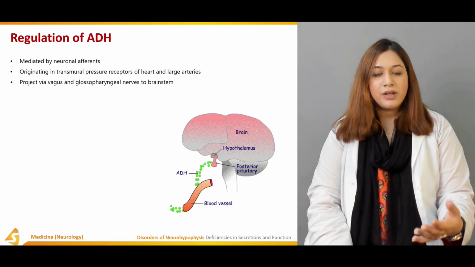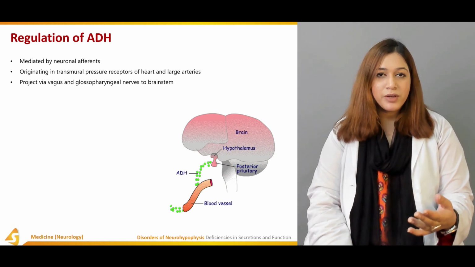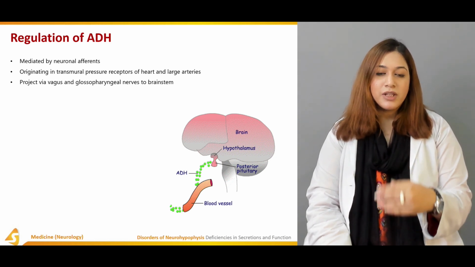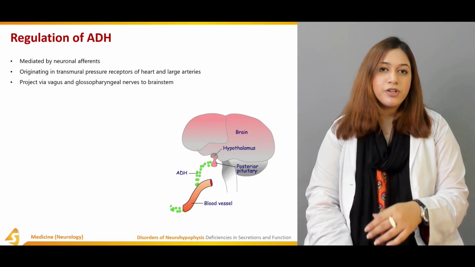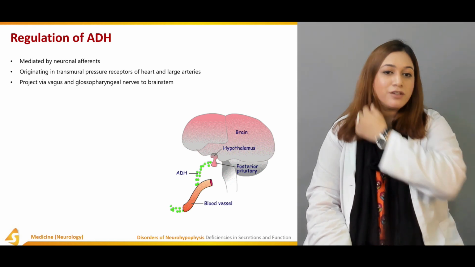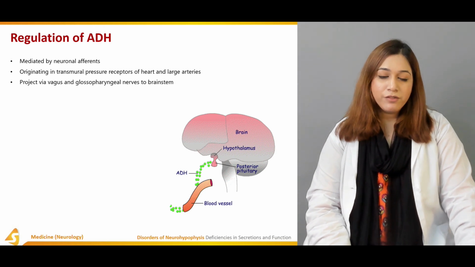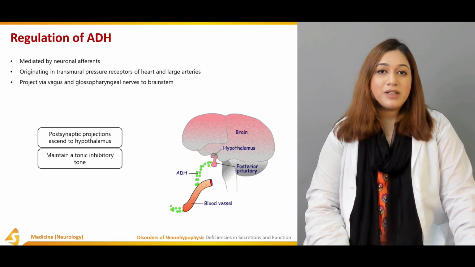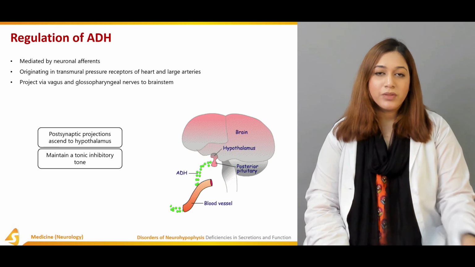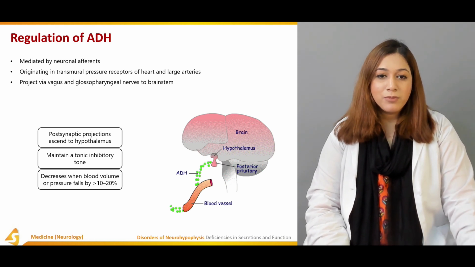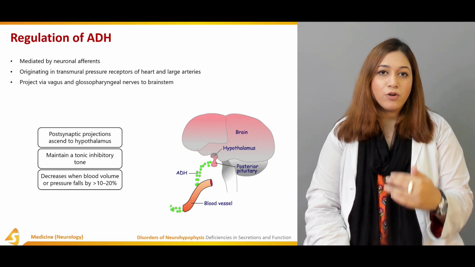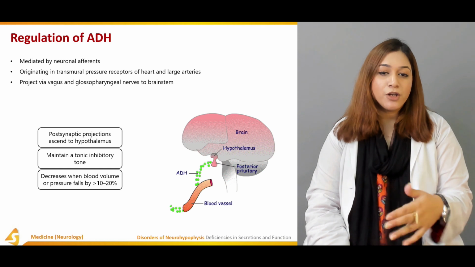They are also found in the carotid bodies, and through these carotid bodies, they project via the vagus and glossopharyngeal nerves to the brainstem. These nerves are also called the Hering nerves. These postsynaptic projections ascend to the hypothalamus. They maintain a tonic inhibitory tone, and this tone is decreased when the blood volume or pressure falls by more than 10 to 20%.